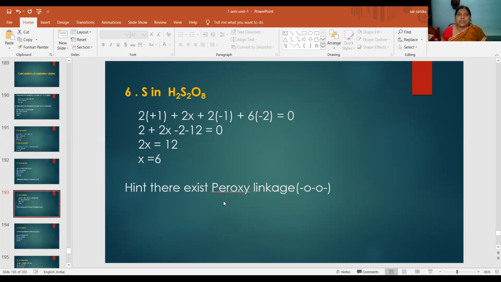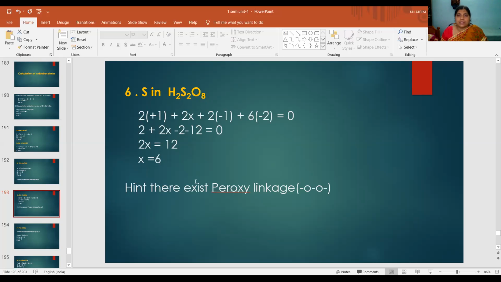If at all not given, you have to remember this molecule H2S2O8. So in this you have to calculate the oxidation state of sulfur. How many hydrogens? 2. What is the oxidation state of hydrogen? Plus 1. Plus how many sulfurs? 2. 2 into x, we don't know, plus 2. So here oxygens we divided into 6 plus 2, 2 oxygens with peroxy linkage.